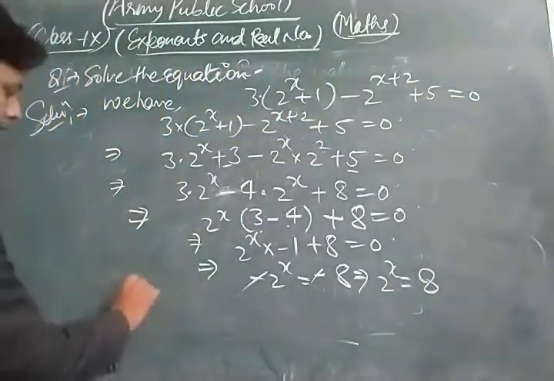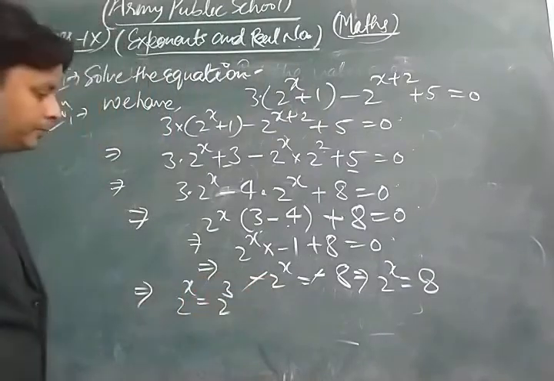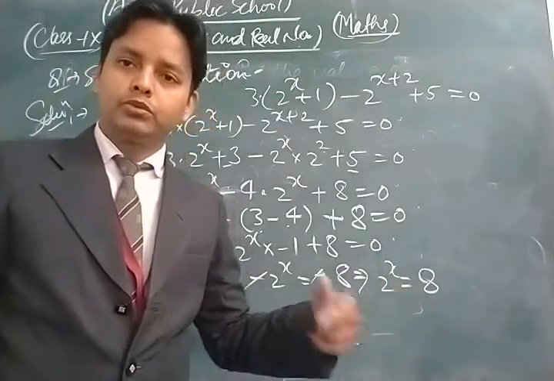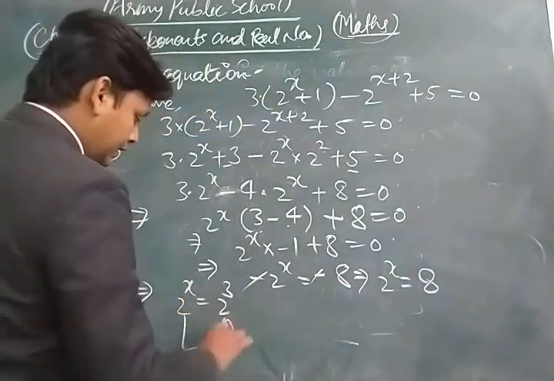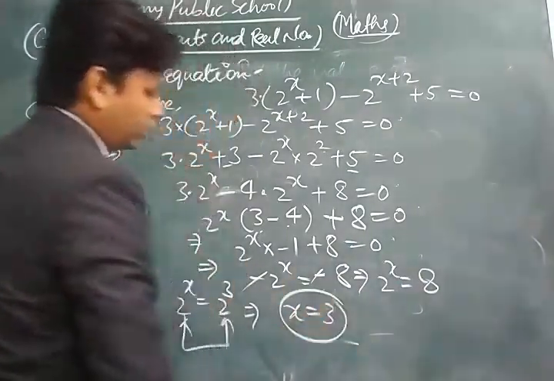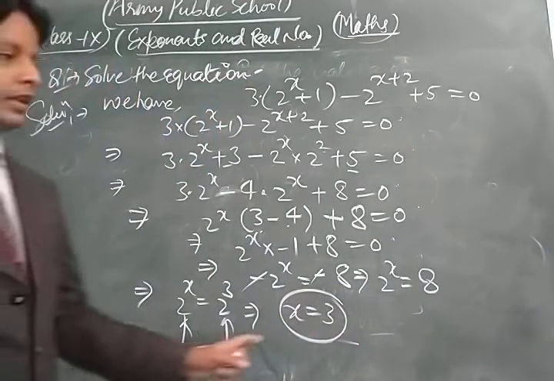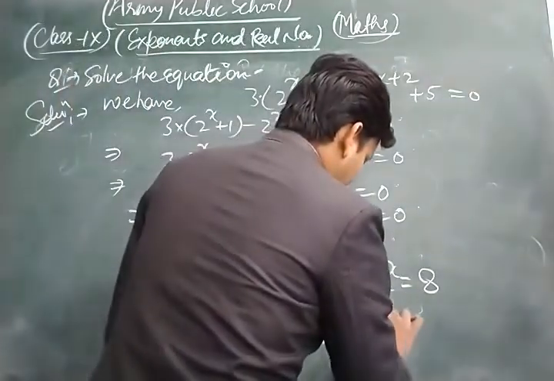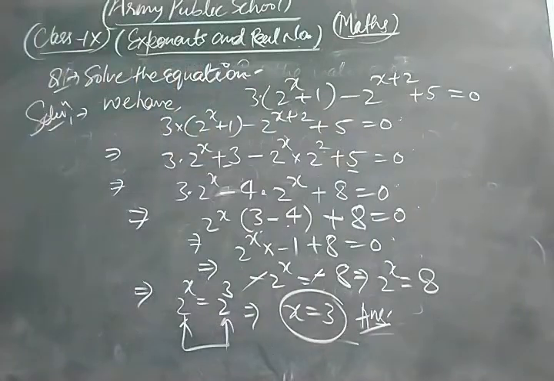Now we can write 8 as 2 into 2 into 2, that is 2 to the power 3. So now comparing both sides, we get x is equal to 3. So this is the required solution of the given question.